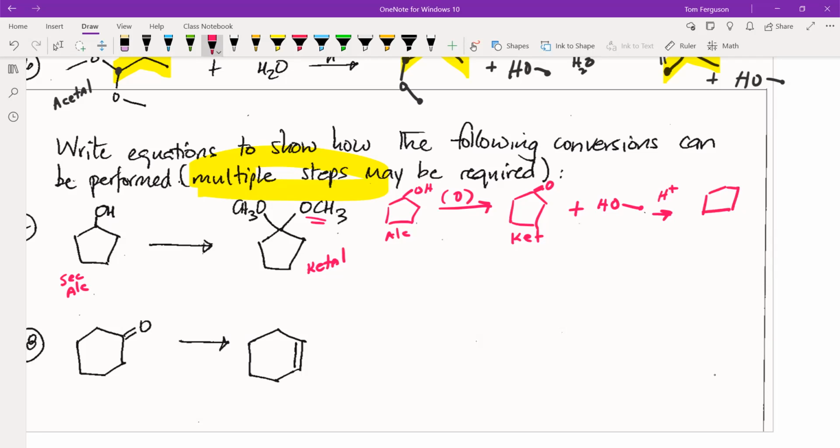We're going to convert that ketone now into a hemiketal.